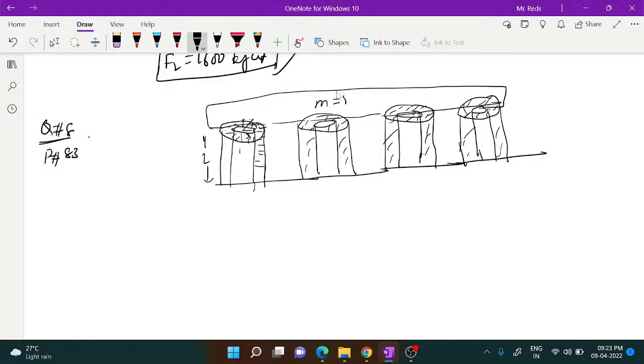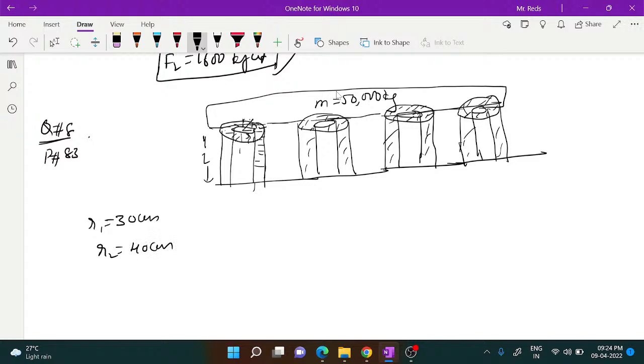This mass M is equal to 50,000 kg. The inner and outer radii of each column are 30 and 40 centimeters respectively, so R1 is 30 centimeters and R2 is 40 centimeters.